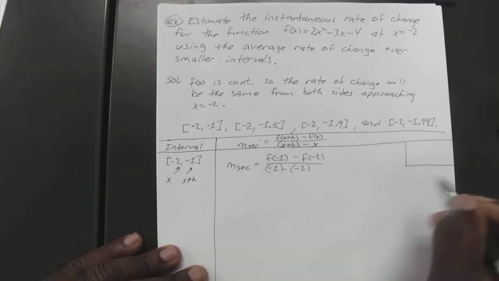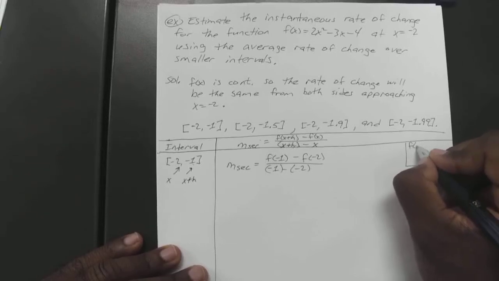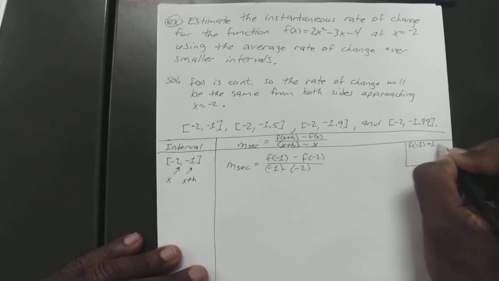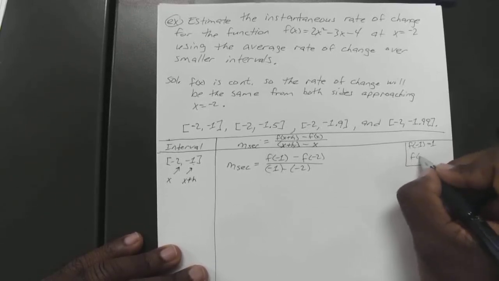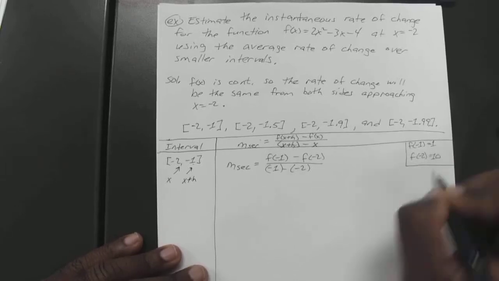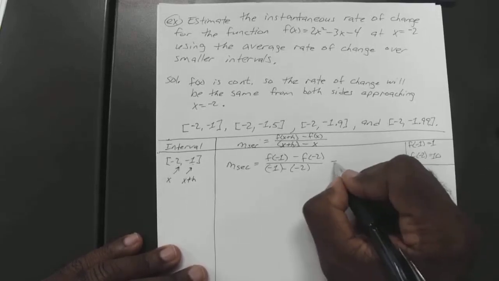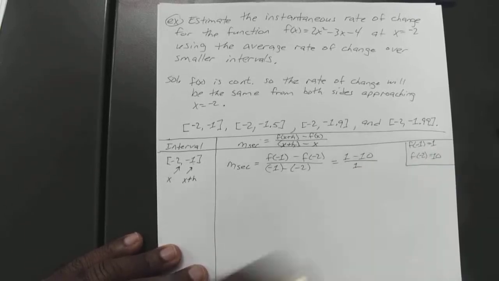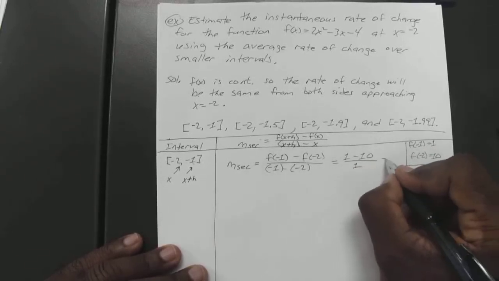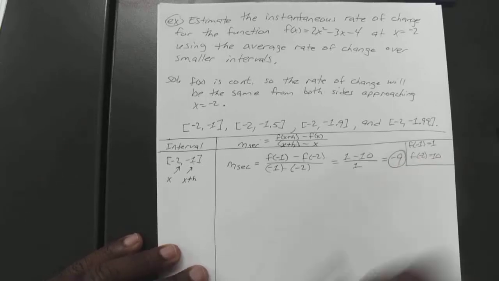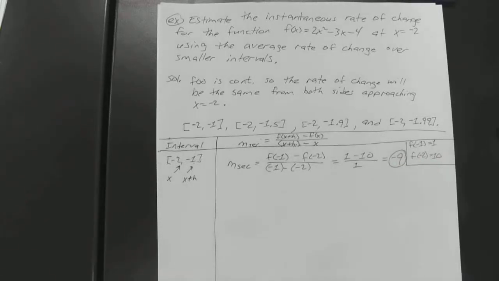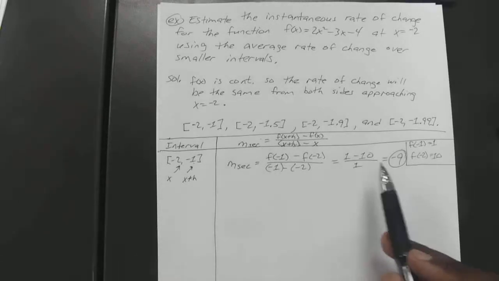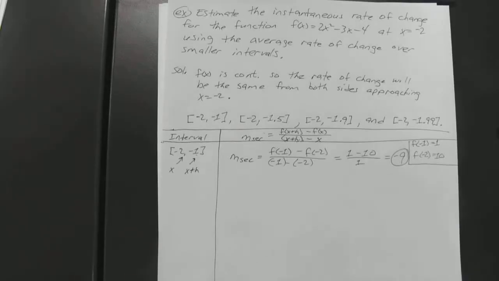Okay, and we know that if we work it out, f of -1 equals 1, and f of -2 would equal 10. So we end up with 1 minus 10 over 1, which is a slope of -9. So when our h value is 1, the slope is -9.